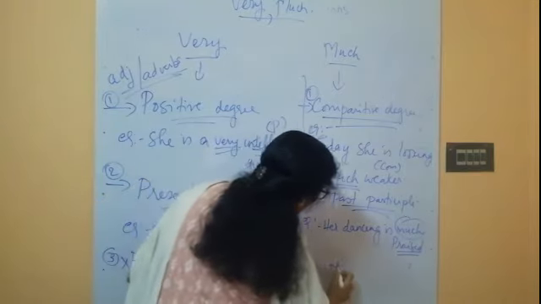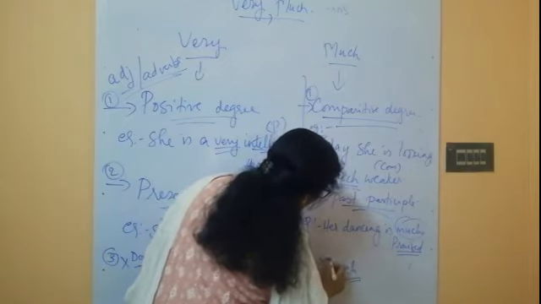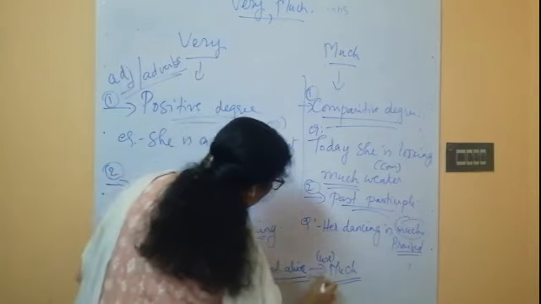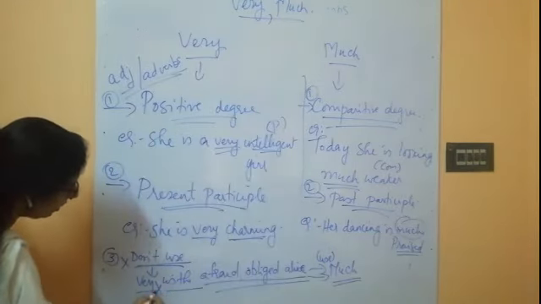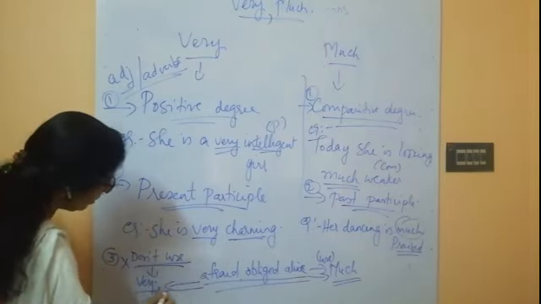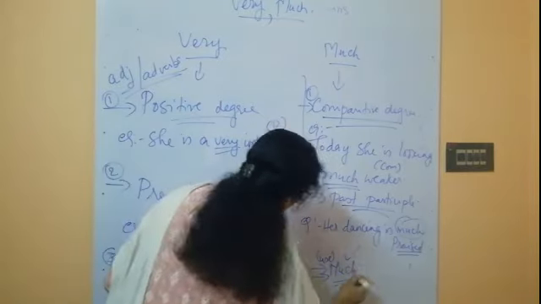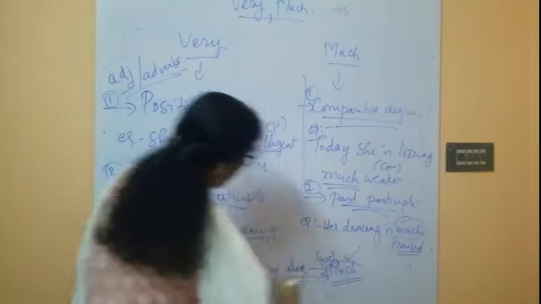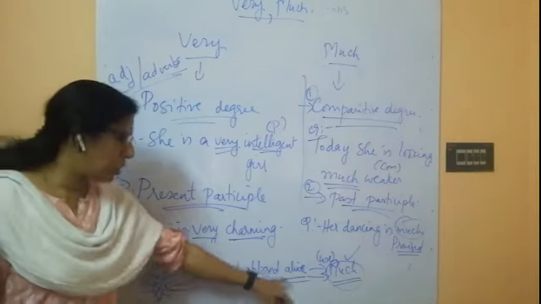Instead, much can be used. Use much only for these three words. Don't use very with these three words; use much instead. So these are the three words: afraid, obliged, alike.